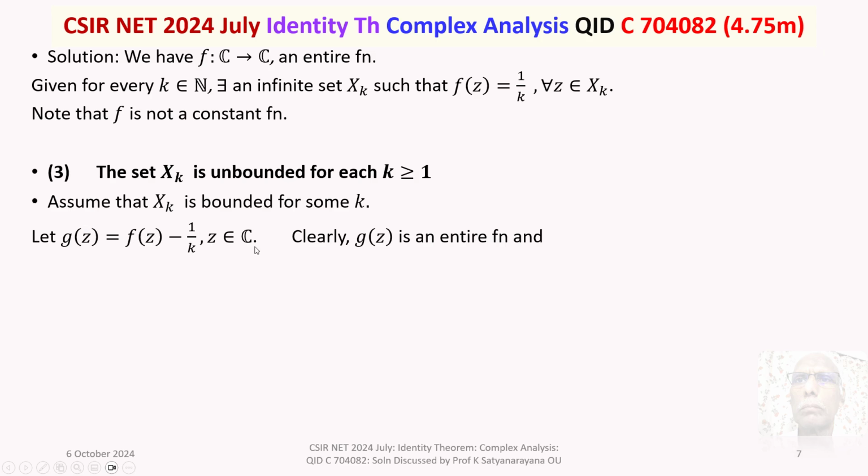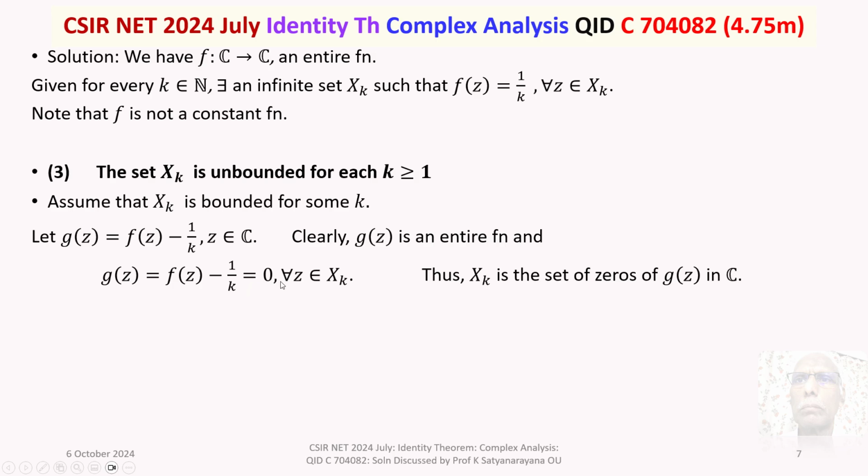z belongs to C. Now clearly, g of z is an entire function. Why? Because f of z is an entire function and minus 1 by k is a constant function, which is an entire function. Therefore, the difference is an entire function. And g of z is equal to f of z minus 1 by k is equal to 0 for all z belongs to Xk.